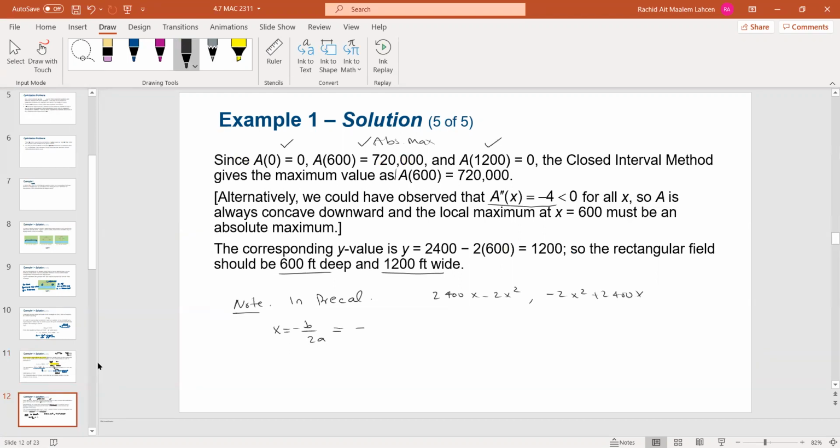So negative b is negative 2400 over 2 times negative 2, which is 600, right? And you remember for the vertex, when you find the first one, you substitute this into the function to find the maximum value, or the maximum area.